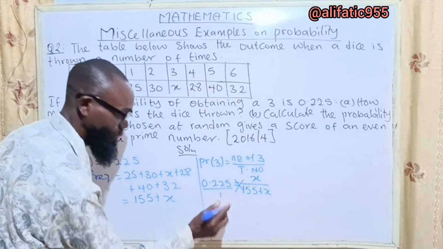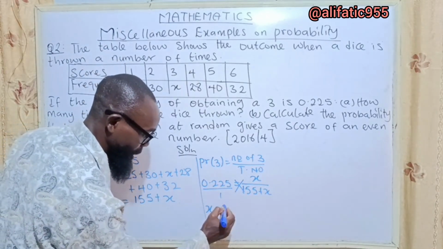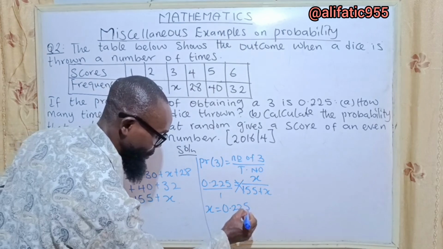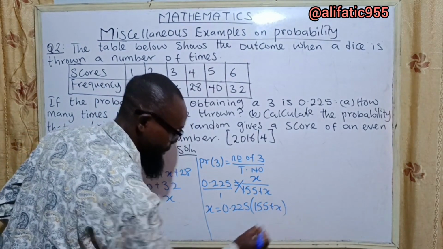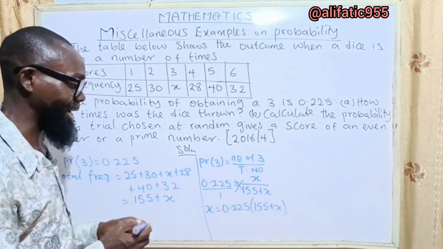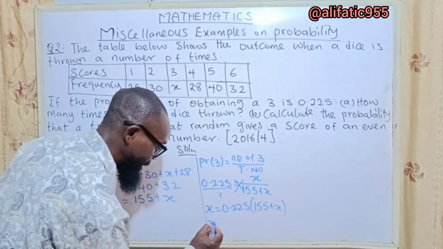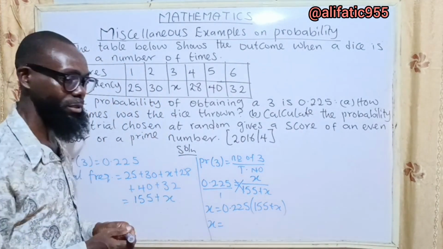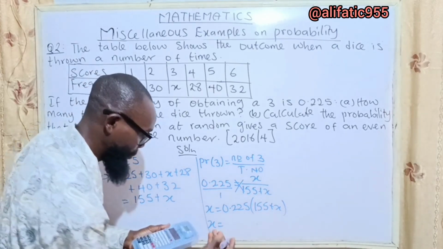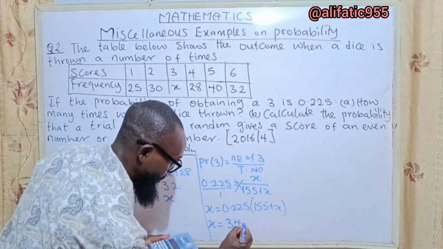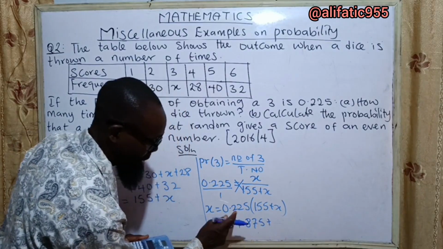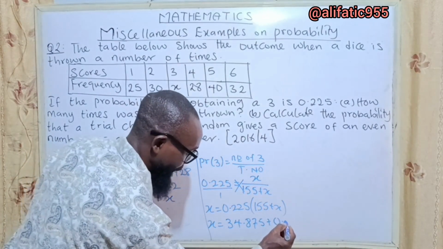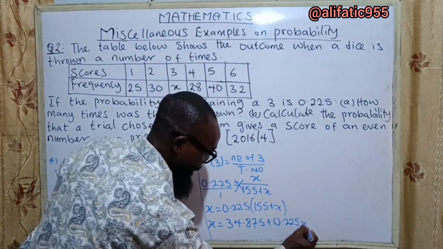x multiplying 1, we have x equals 0.225 multiplied by 155 plus x. So let's take our calculator to multiply. x equals, when we multiply this, we have 34.875 plus this times this, 0.225x.